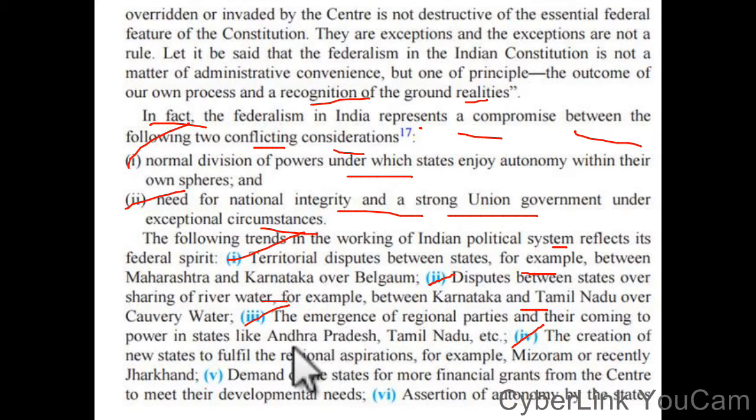The creation of new states to fulfill regional aspirations, for example Mizoram and, recently, Jharkhand. The demand of the states for more financial grants from the center to meet development needs, and the assertion of autonomy by the states.